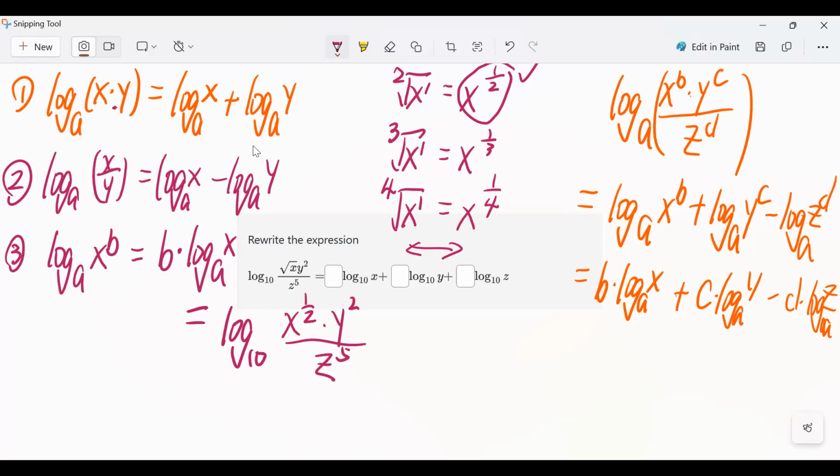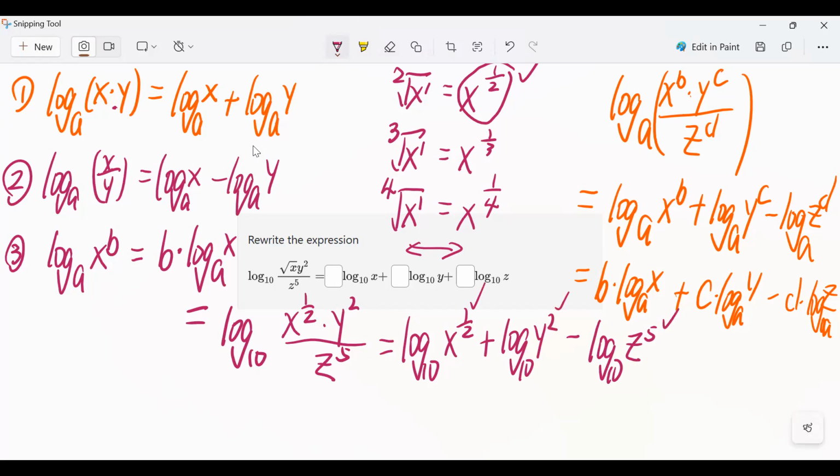Now this multiplication becomes addition, division becomes subtraction. So we get log 10 x to the half plus log 10 y squared minus log 10 z to the 5th. And then all these powers become coefficients.